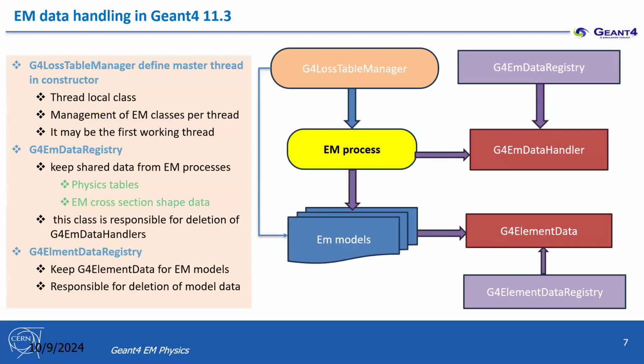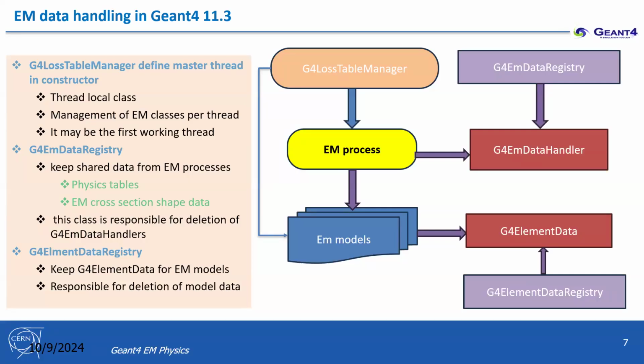G4EmDataHandler. It is data per atom, so element data registry. And also for table, it is EM data registry. It is various tables, so one-dimensional, two-dimensional data for each material are in data registry.